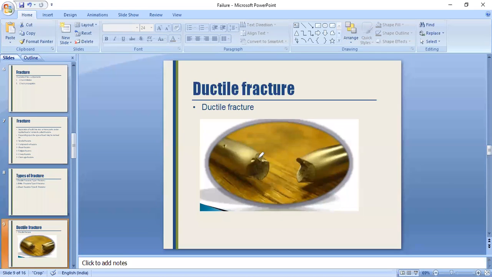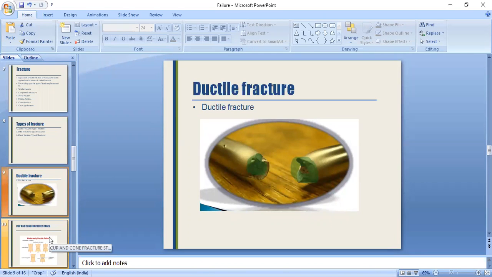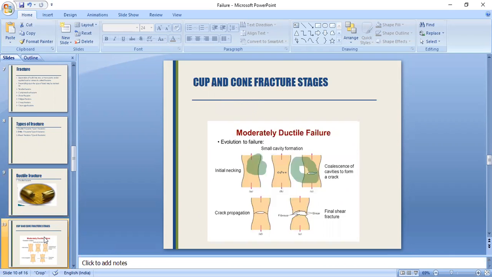Here you can see the cup and cone arrangement in the material. It is a chromium material. You can see the cup and cone shape on the material. Let us see the cup and cone fracture stages.